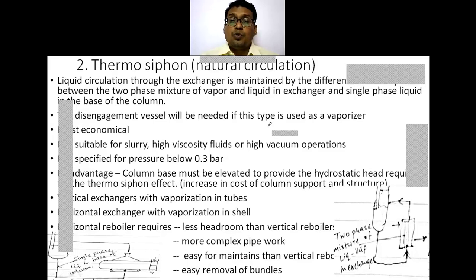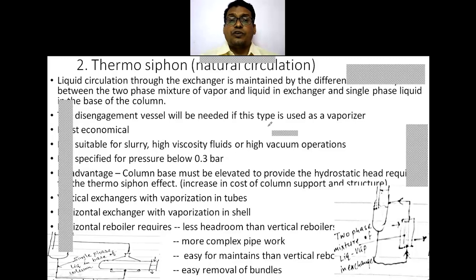The fluid moves according to the head difference or according to the temperature difference. Delta H rho G. Delta H is your head. And if the head difference is there, then the fluid is going to move. Or else the density difference will also help to move the fluid from one place to another place.